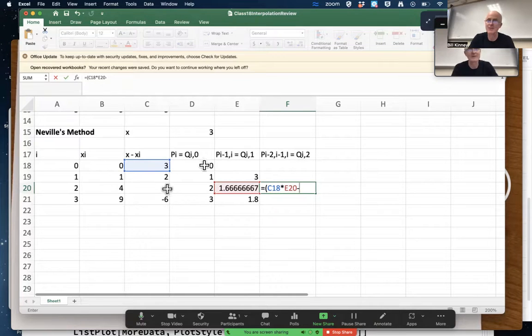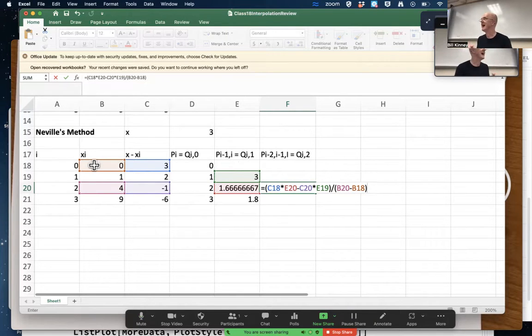That's one way to realize don't go up there. Do this times this. And then you divide by xi minus x0. I almost did 2 minus 0.